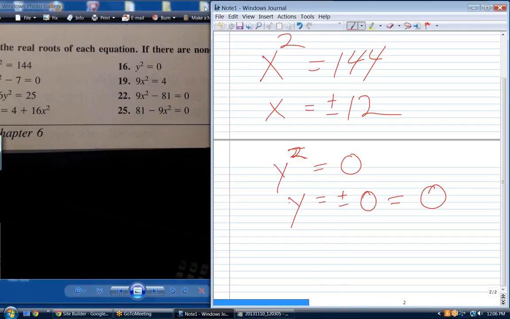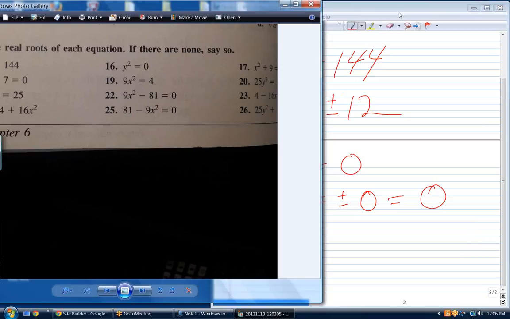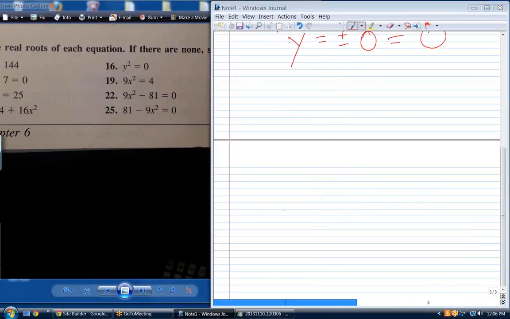And I can't see the last number on this 17. x squared plus 9 equals 0. Notice what we have here. We're taking a number that has to be positive. We're adding a positive number to it, and it's going to be 0.